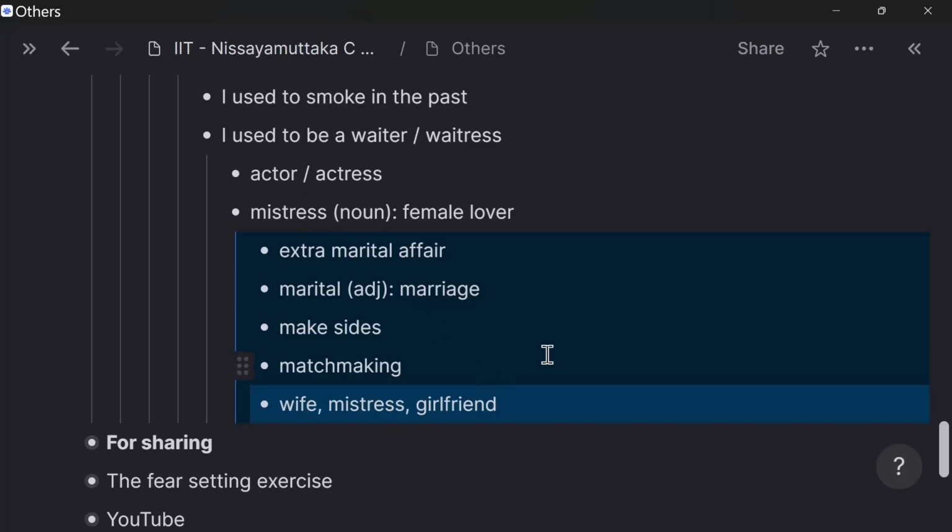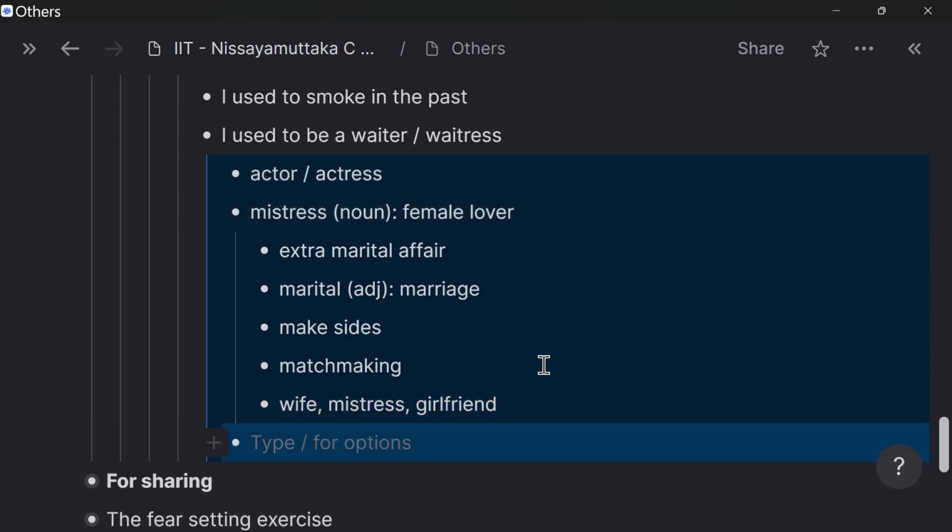Okay, so, more examples with used to. I used to be a waiter. I used to be a layman. I used to smoke. I used to study English. I used to have long hair.